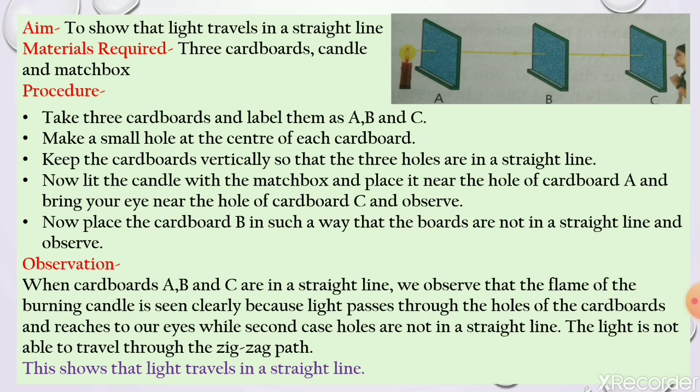Light always travels in a straight line, and now the holes of the cardboards are not in a straight line, so light cannot reach our eye. So this shows that light travels in a straight line.